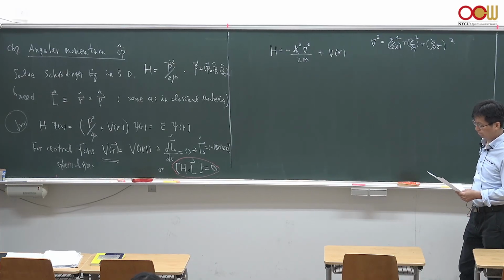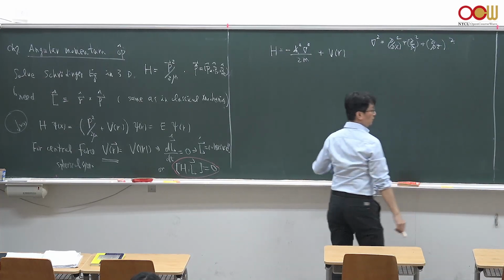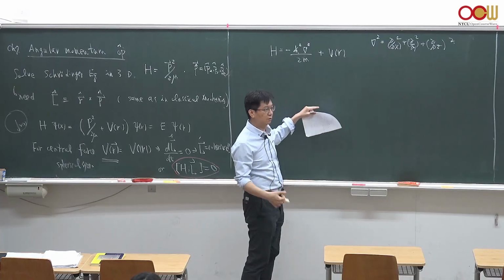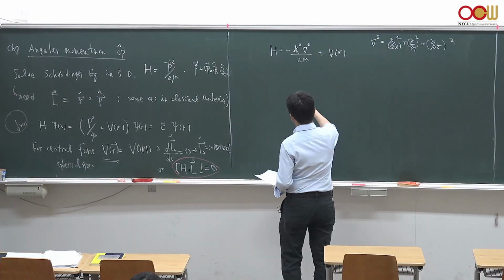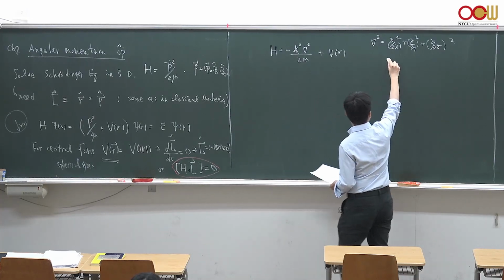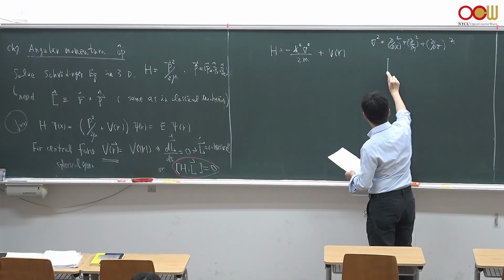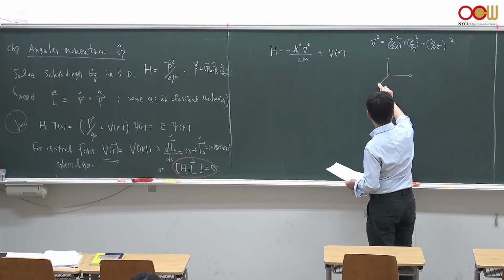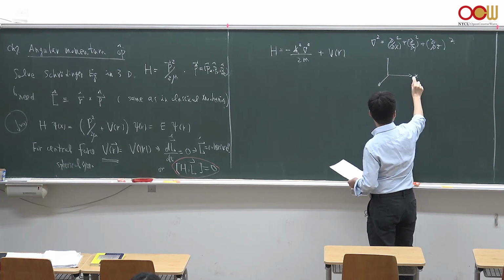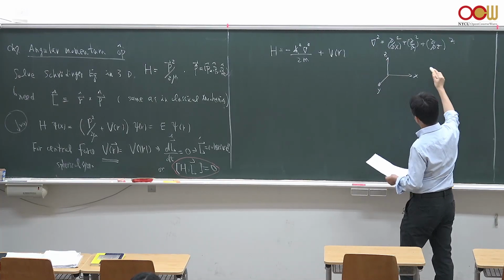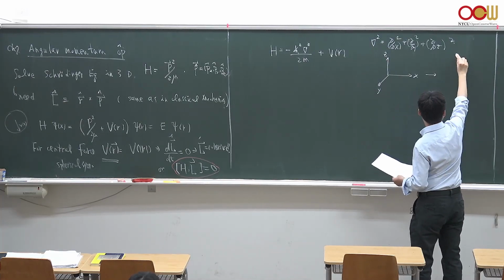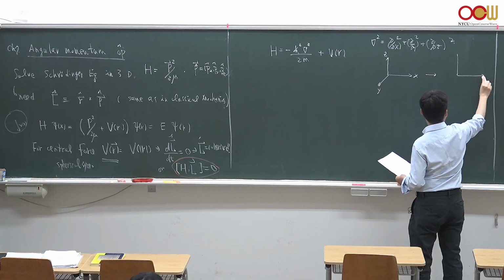Later we will perform this change of variables from the Cartesian coordinates x, y, z to spherical coordinates r, theta and phi. So we will sketch this derivation very quickly right here, but we will do it again later.